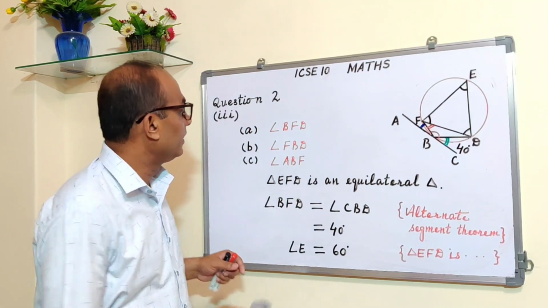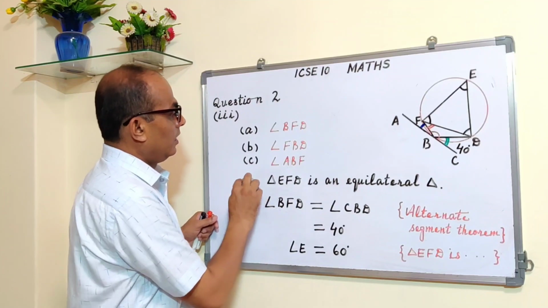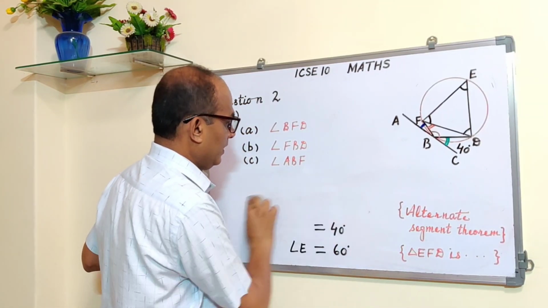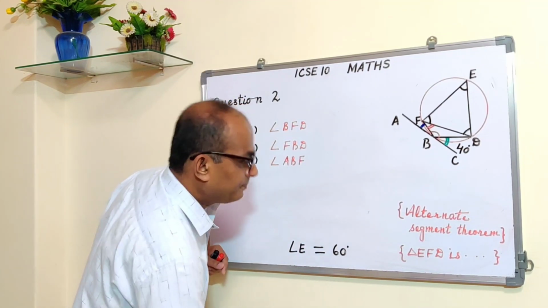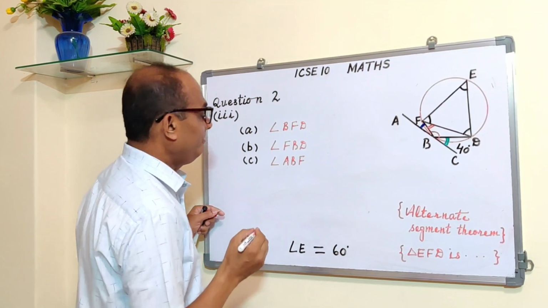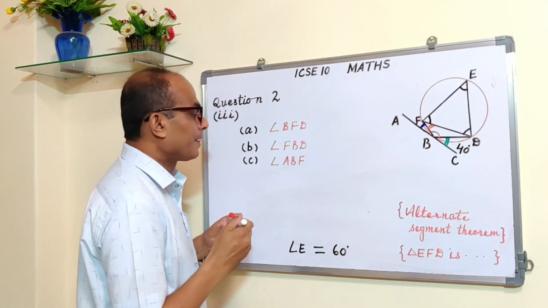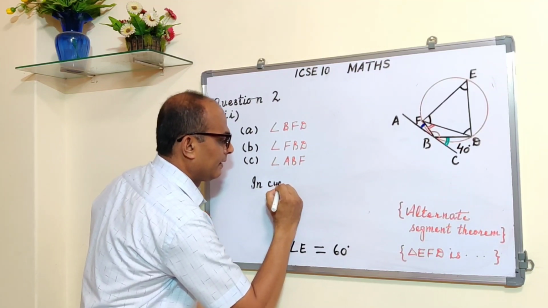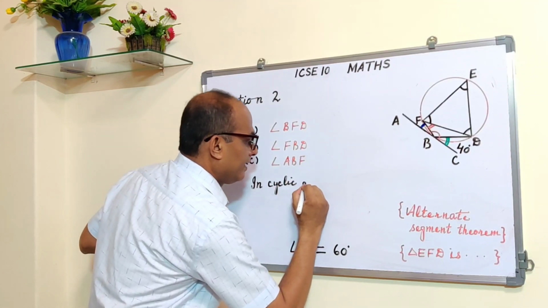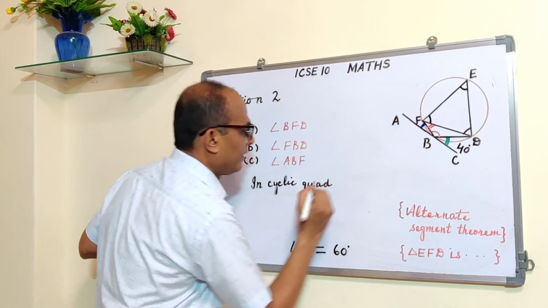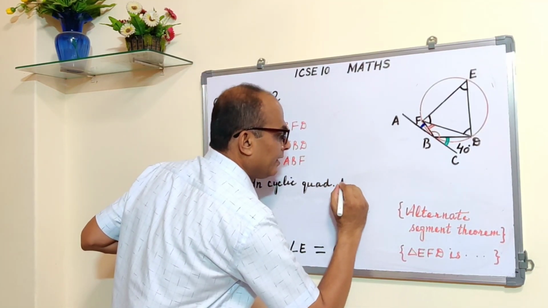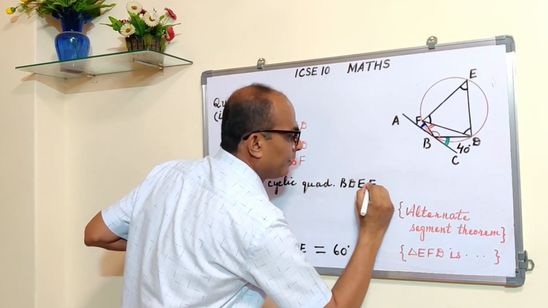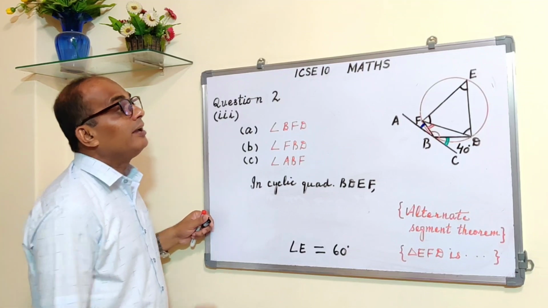So after this we can write down: in cyclic quadrilateral BDEF, angle B plus angle E is 180 degrees.